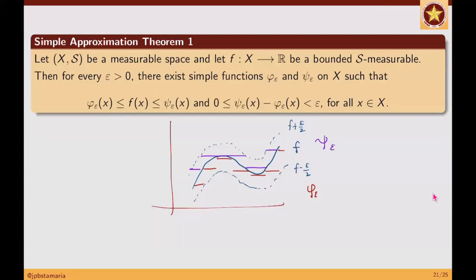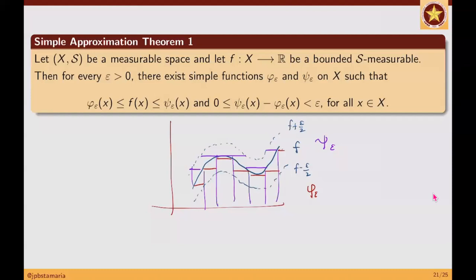Nakita nyo yung phi epsilon tsaka psi epsilon are simple functions. No? They squeeze f in between. Their distance is less than epsilon for all x. Anuhin natin yung mga simple functions na yan. Yan yung gagamitin natin pang approximate dun sa area under the curves later.